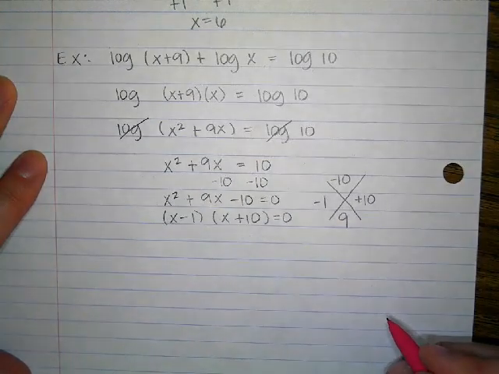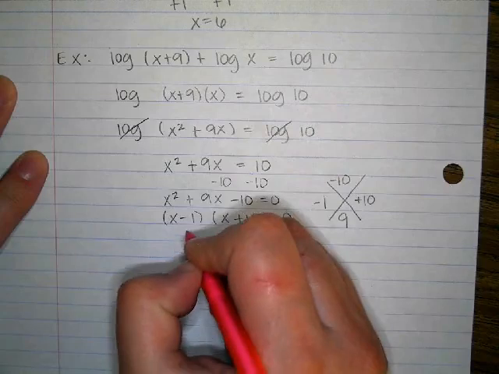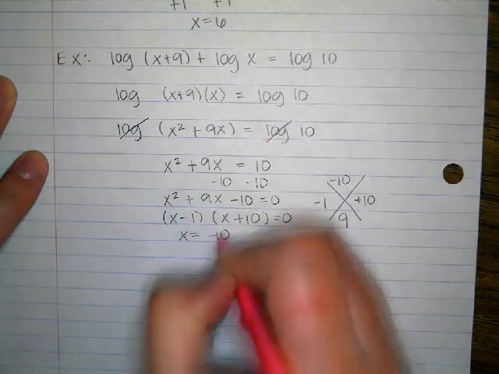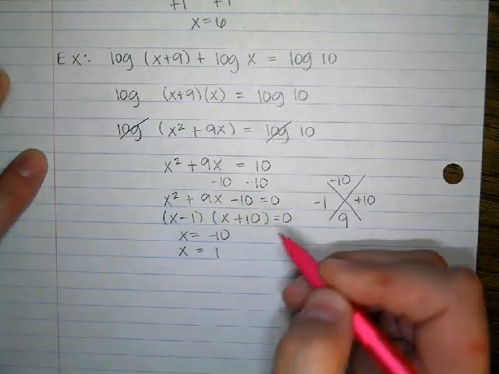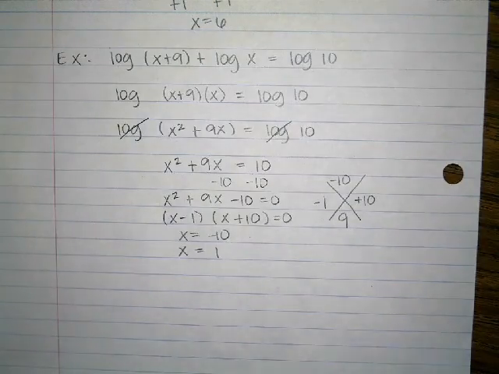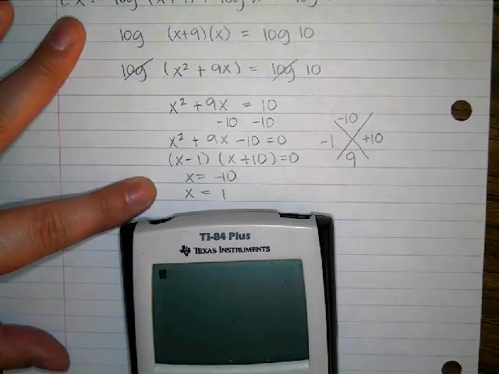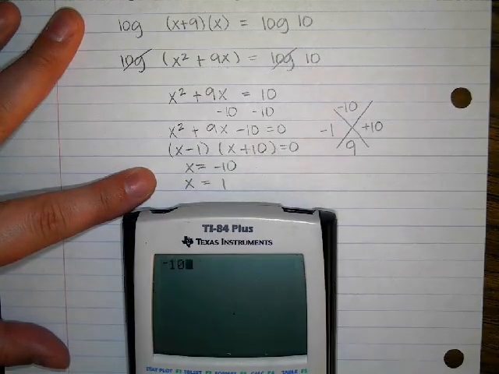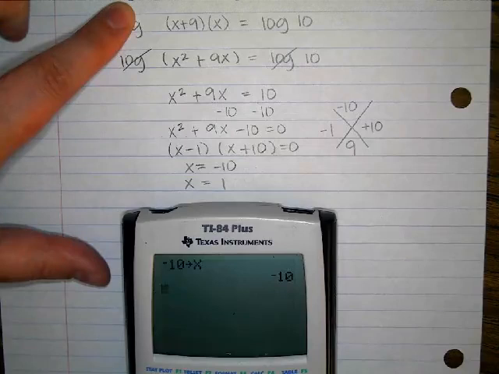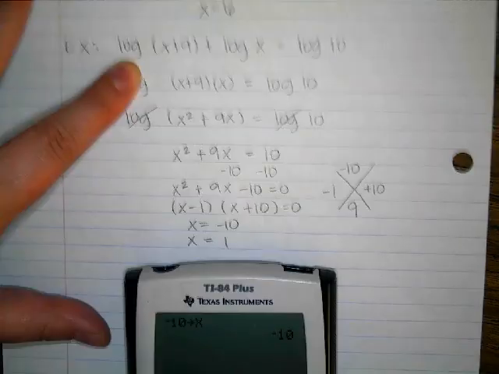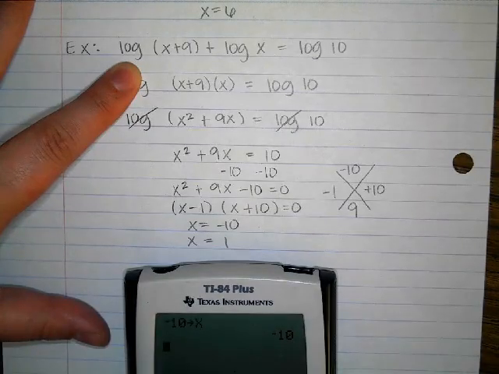So negative 10 stored as x, and then I'm going to start typing it in. Now, since this says log and not log base something else, I can just use the log button. So log of x plus 9 plus log of x. Well, now I just typed it in and I got an error message.